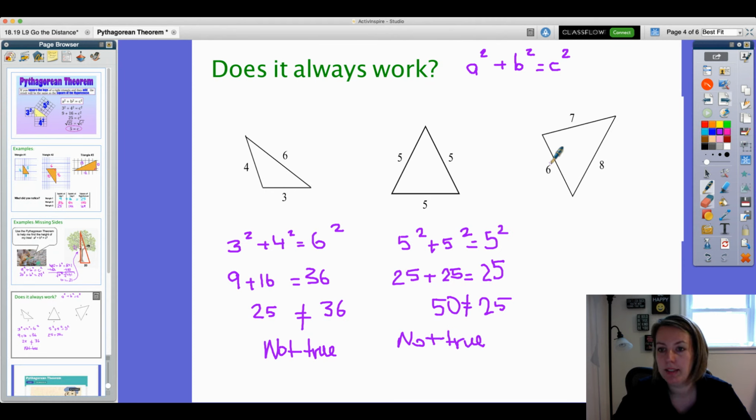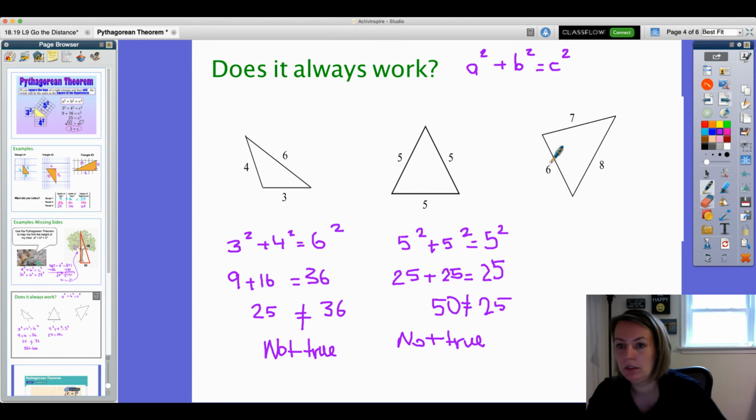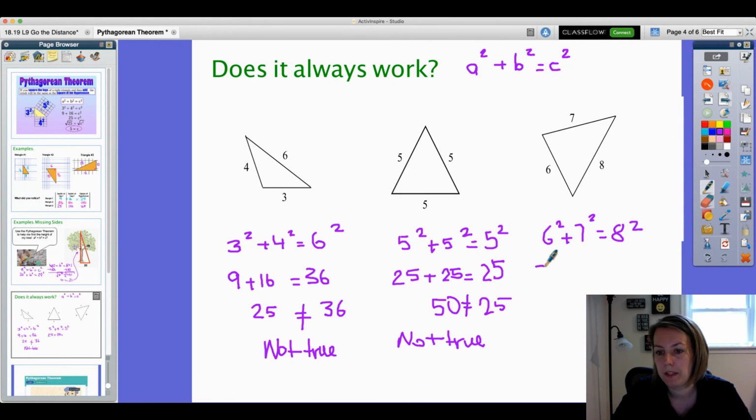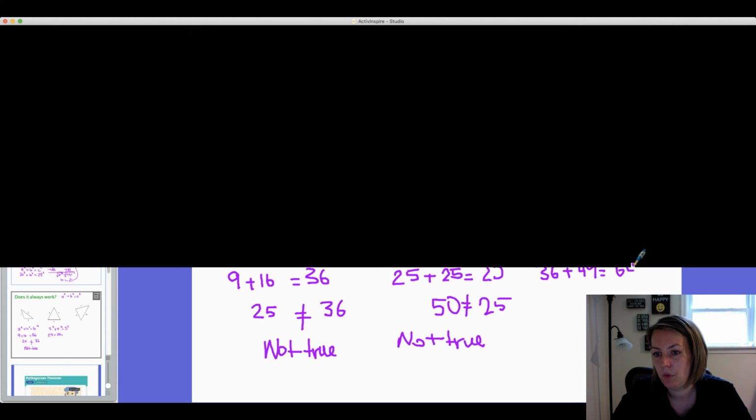And in my last example, this almost looks like this could be my 2 legs and this could be the hypotenuse. So it would be 6 squared plus 7 squared equals 8 squared. So then I have 36 plus 49 equals 64.